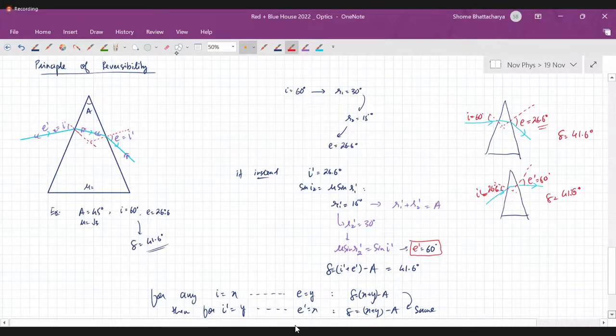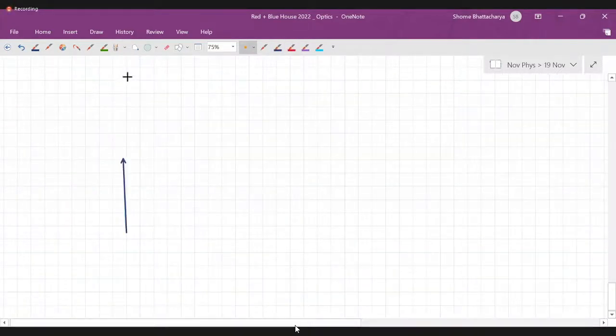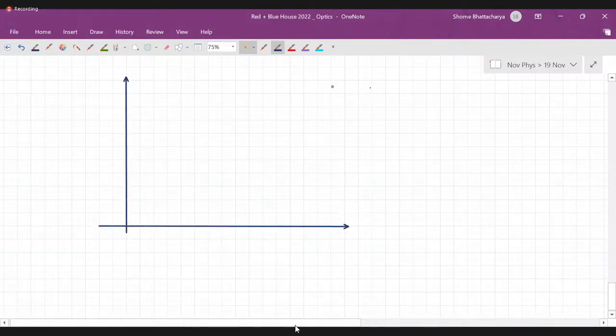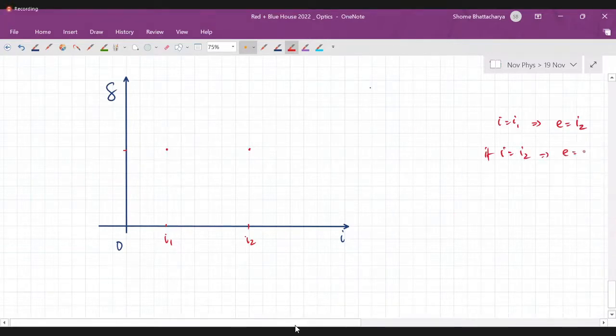So now if I understand the behavior of deviation as a function of angle of incidence, I'll see that any particular value of angle of deviation comes for a particular angle of incidence, let's say I1, and then again it repeats for another particular value of angle of incidence, I2. So if I is equal to I1, then E will be equal to I2. Whereas if I is equal to I2, now emergence will be equal to I1.